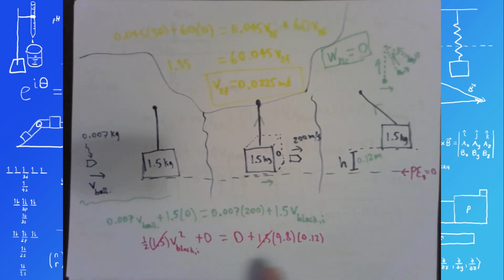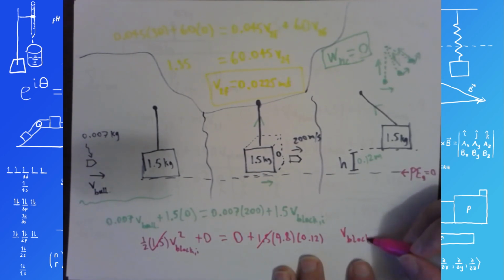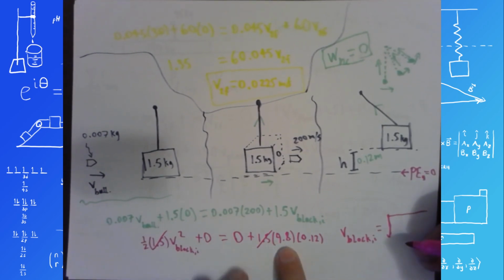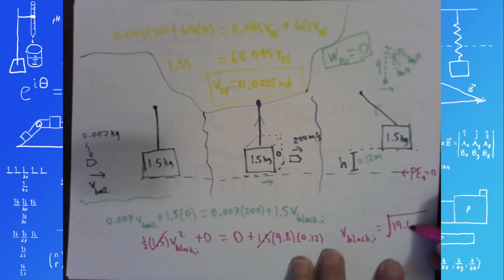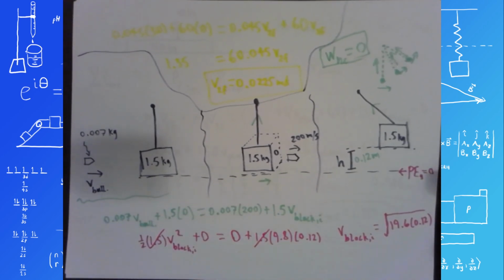We can multiply the 2 over and take the square root, so V block initial is equal to the square root of, let's see, 2 times 9.8 is 19.6 times 0.12.